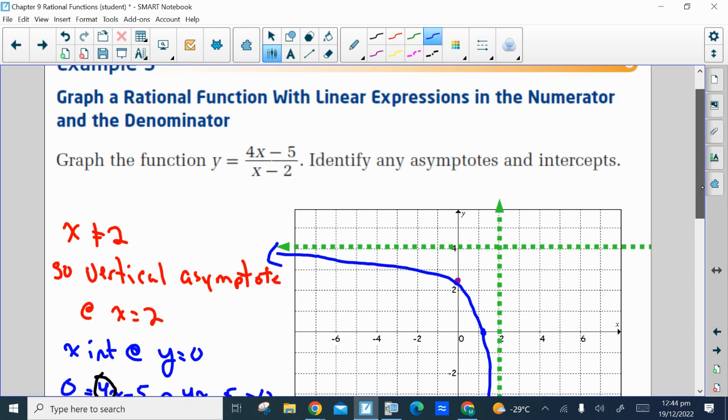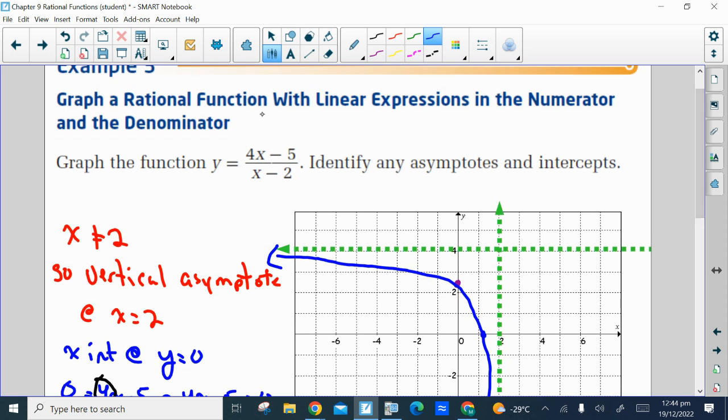So if we find out what happens when x equals 3, using function notation, let's say what f at 3 is. 4 times 3 is 12. Take away 5 over 3 minus 2. So that'll be 7 over 1, or 7. So the point (3, 7) is part of this graph. 5, 6, 7 will be up there somewhere.